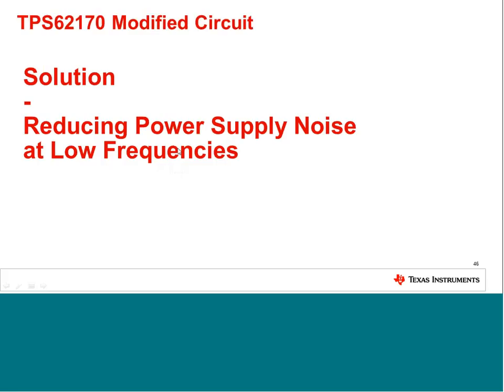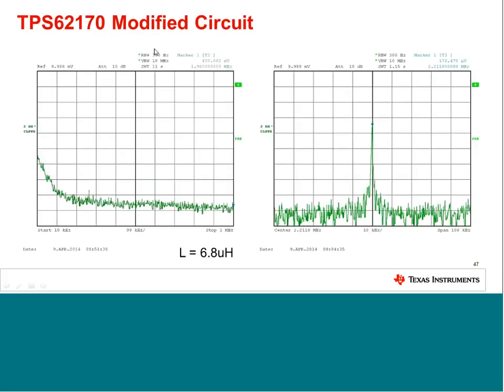Okay, so what can you do? What I did here is move the transition to light load of this converter to a lower output current. And this has been done by just increasing the inductance.